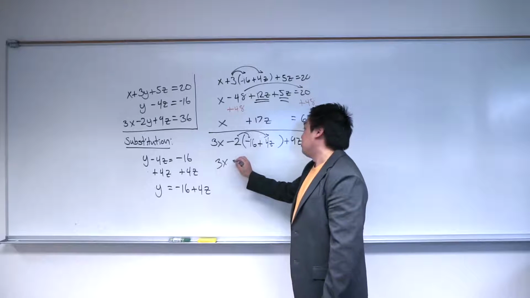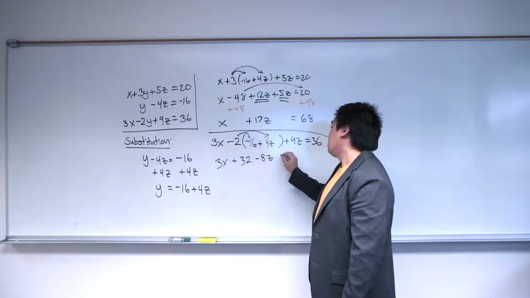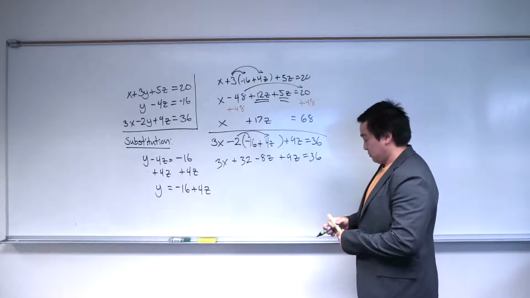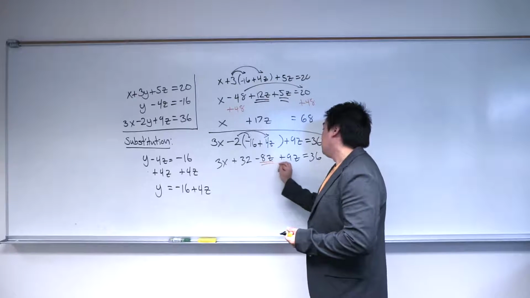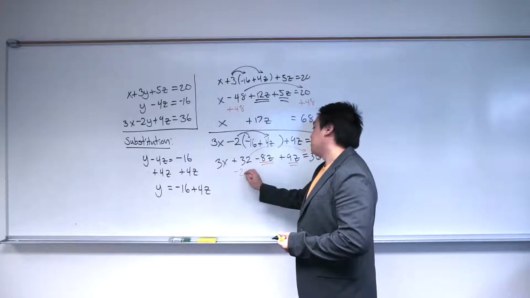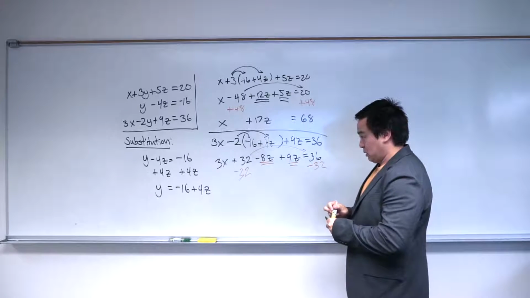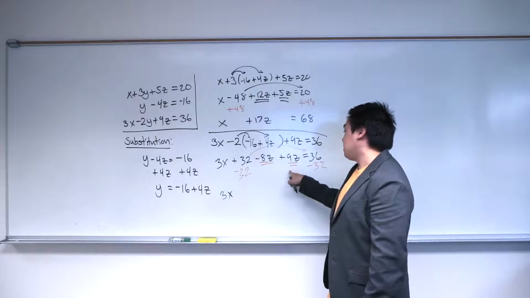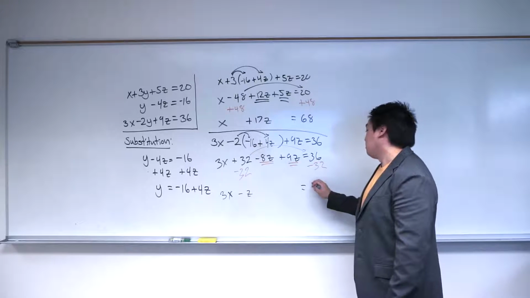So 3x, this is going to be plus 32 minus 8z plus 9z is 36. Similarly, these two can be added together, bringing that over to the other side by subtracting 32. And what we get is 3x, these two together give you minus z, is equal to 4.